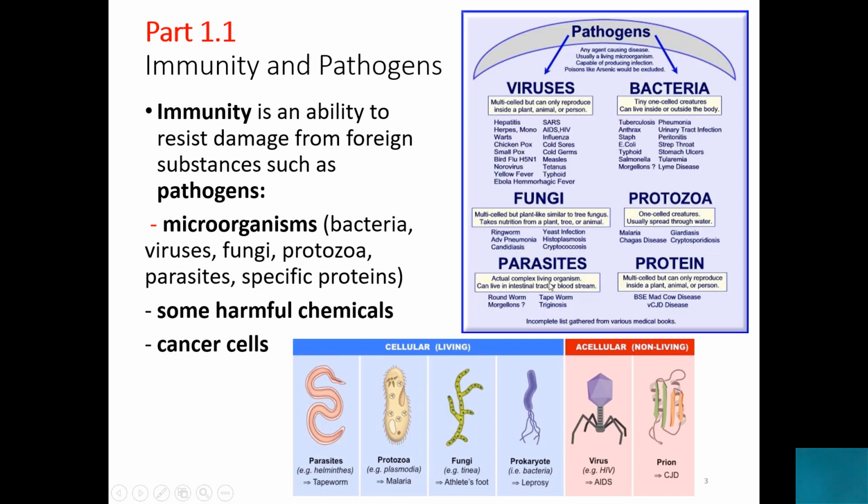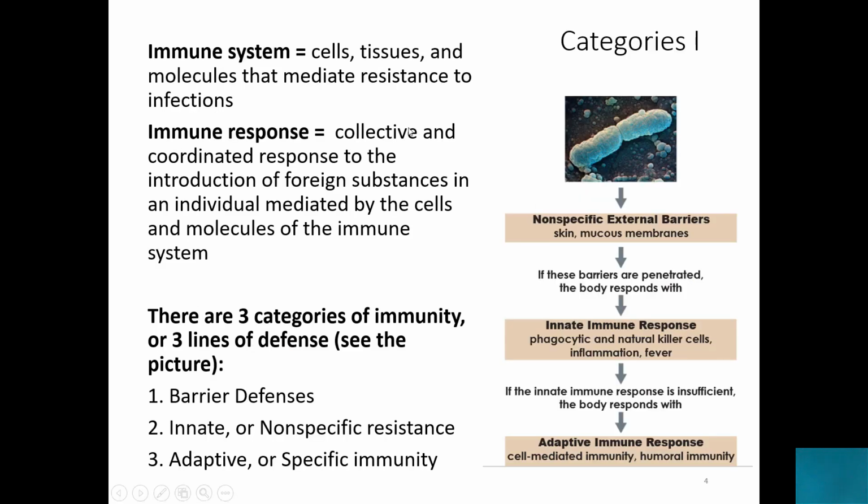Parasites are living organisms, tiny but complex. They are multicellular, and examples would be roundworms and tapeworms. And we talked about proteins. So all of those are called pathogens. And our immune system would be all the cells, tissues, and molecules that mediate resistance to infections, resistance to diseases caused by those pathogens.